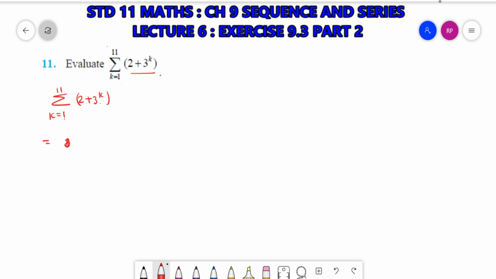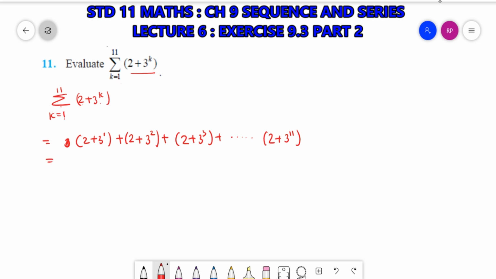So it's 2 plus 3 raised to 1. Summation means plus. Now put the value of k as 2: 2 plus 3 square. Summation plus. Now put the value of k as 3. You have to do it till the last, you have to do it with 11. So this will be equal to 2 plus 3 raised to 11.